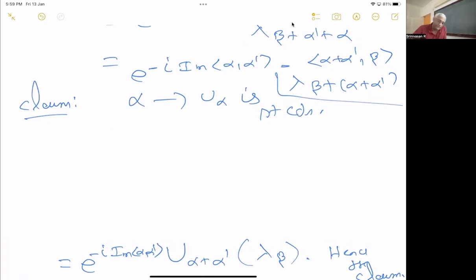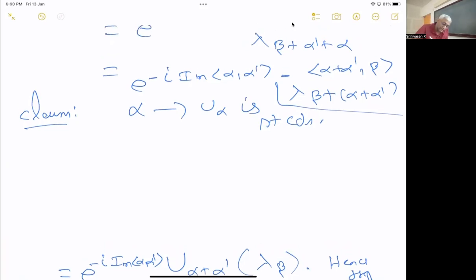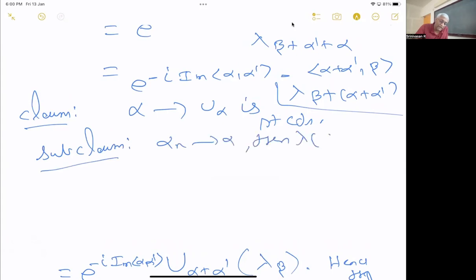The first claim, a subclaim: alpha n goes to alpha, then lambda alpha n goes to lambda alpha in the Hilbert space. That we have to verify.